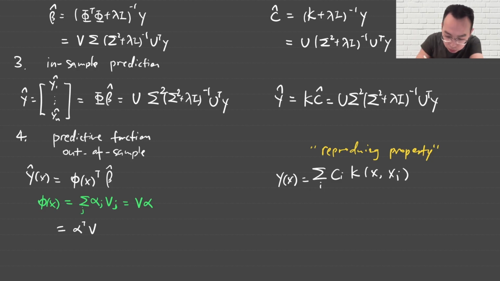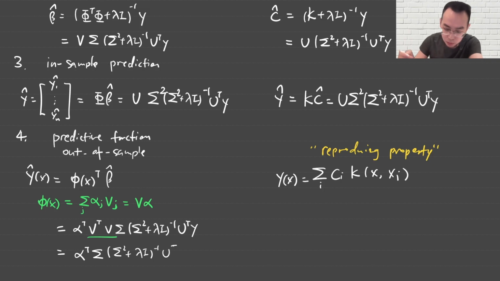That's going to be V transpose V sigma square plus lambda I inverse U transpose y. We can cancel out this V transpose V into identity, and we'll have alpha transpose sigma square plus lambda I inverse U transpose y. So that's the SVD expression of it.